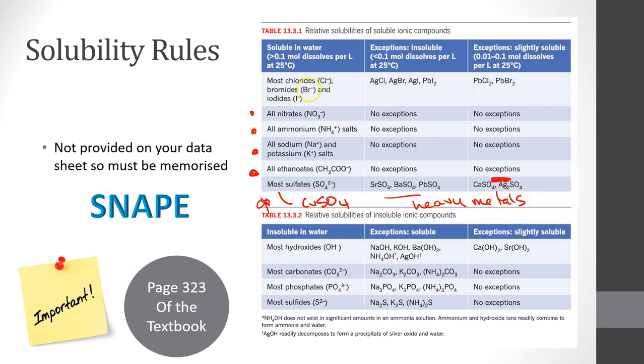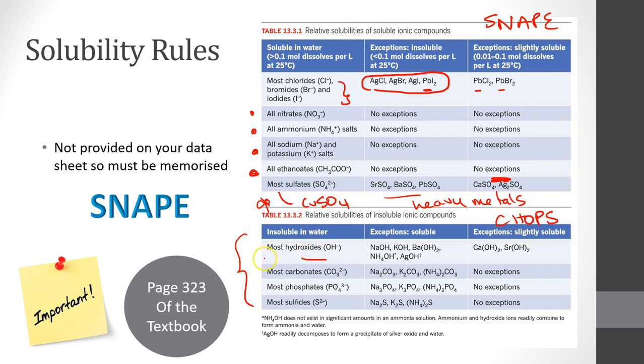You'll see again up here that most halides are soluble, but silver is always our exception, and lead. Okay, so lead chlorides, lead bromides, lead iodides are all insoluble. Silver bromides and silver chlorides are insoluble. So the general insoluble ones, most hydroxides, okay, so remember this is SNAP for this table and CHOPS for this table.